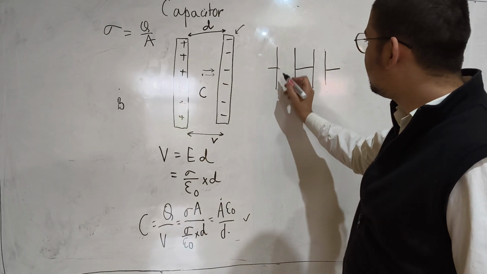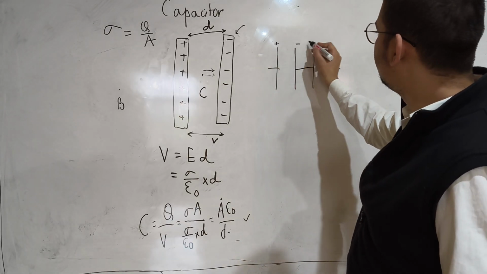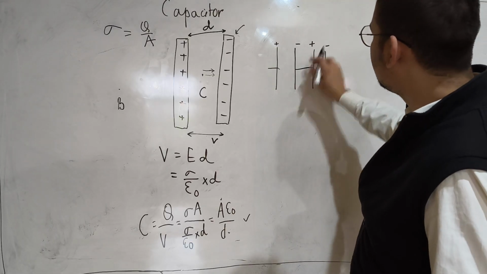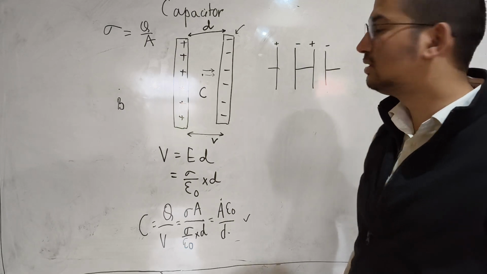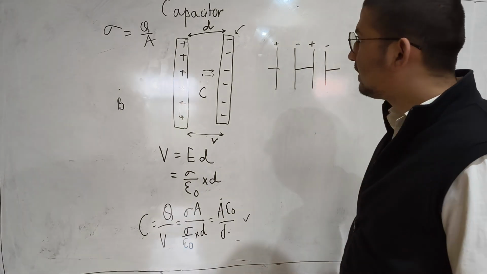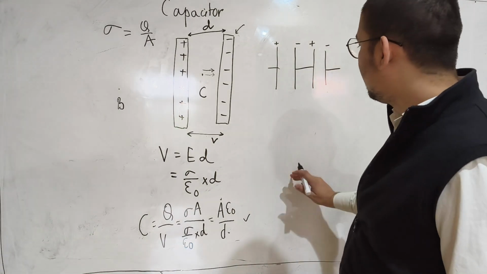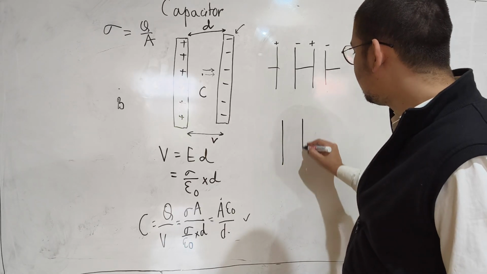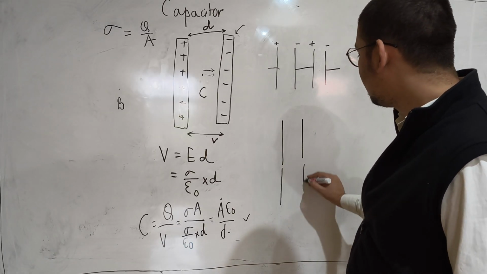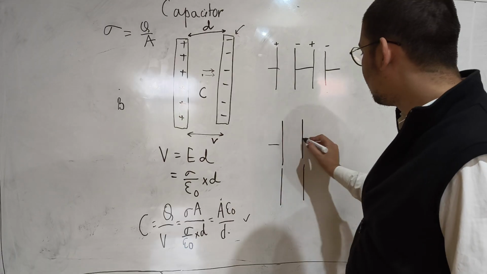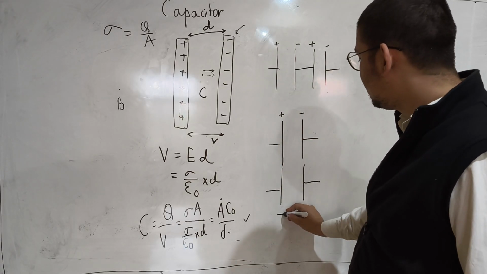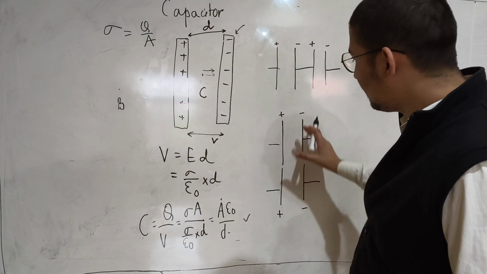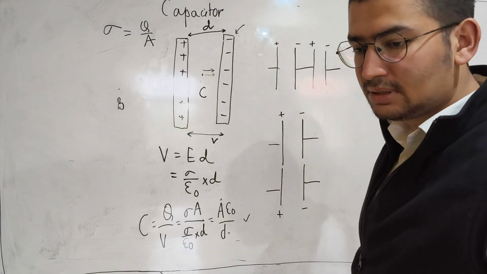One of the plates is positive, the other one is negative. Positive, then negative. If capacitors are arranged in this way, placed next to each other, then you have capacitors in series. If capacitors are placed parallel to each other, like this way, plus here, minus here, plus here, minus here, then you have a parallel connection.